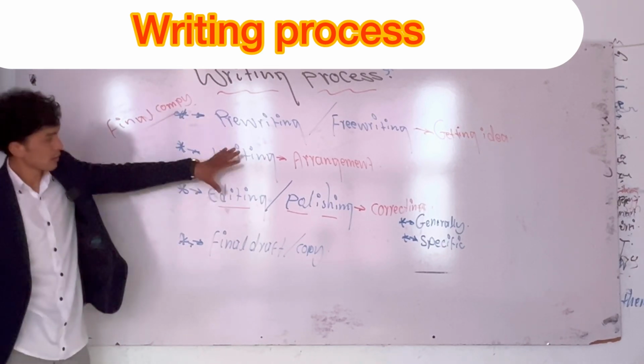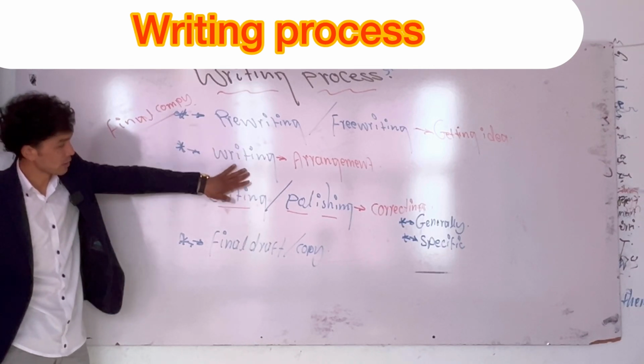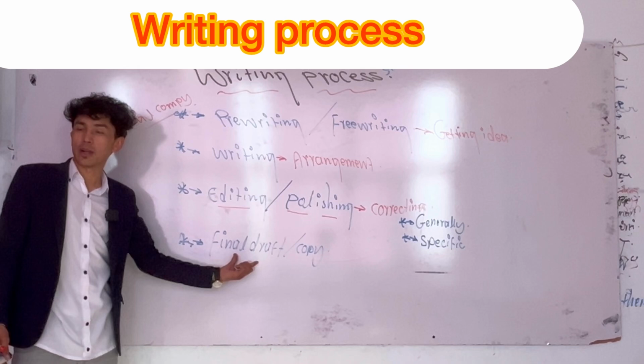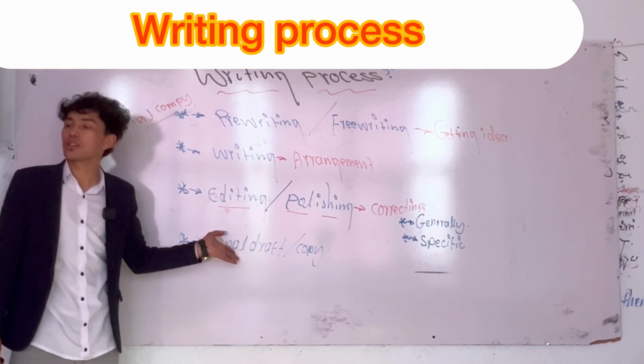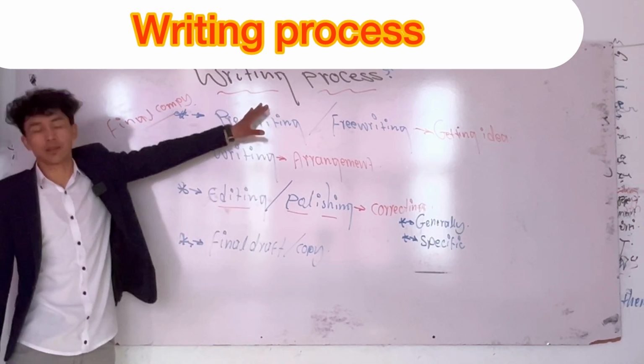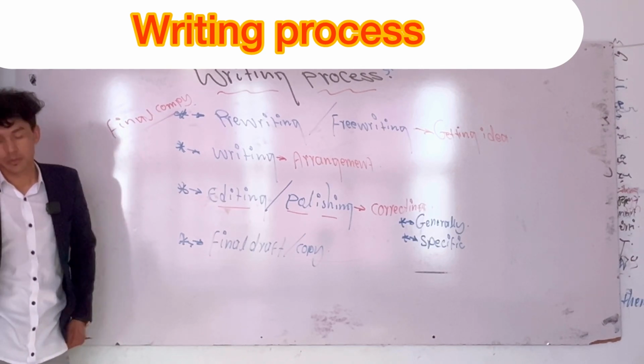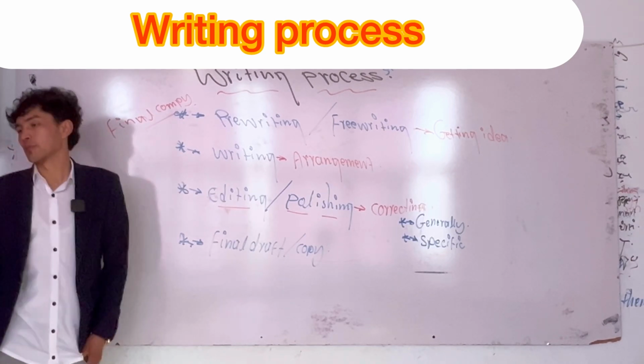Whatever you observed and corrected in the previous steps, you write in the final copy, and this is what you wanted from the beginning. This is called the final copy, or the final step of the writing process.